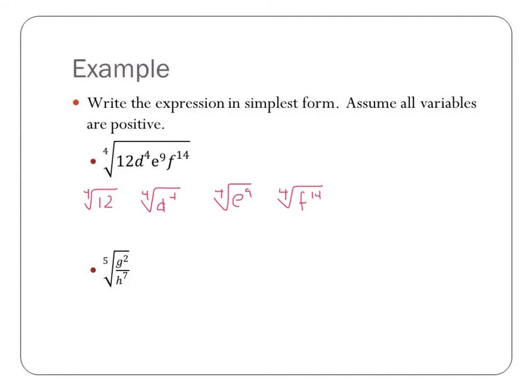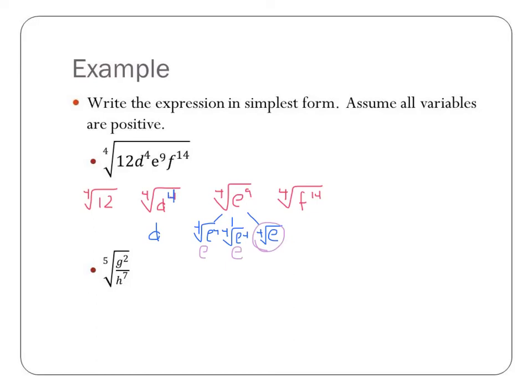But if we look here, d, the 4th root of d to the 4th, well, that's just going to be d because those cancel. This next one, I'd make the 4th root of e to the 4th, the 4th root of e to the 4th, and we're going to have one more left because there's 8, we need one more to make 9. So there's an e, there's an e, there's a 4th root of e.